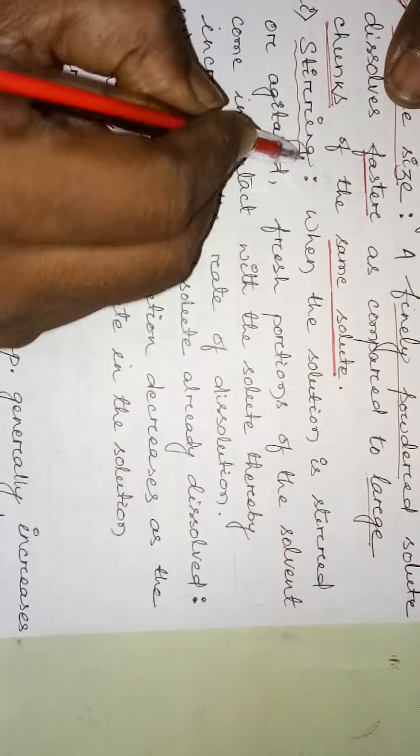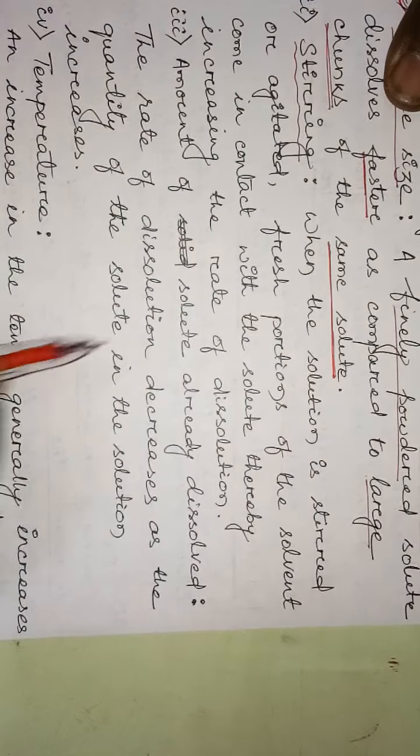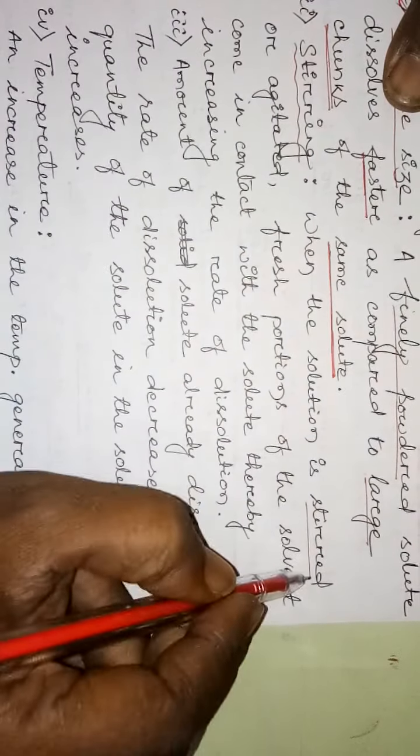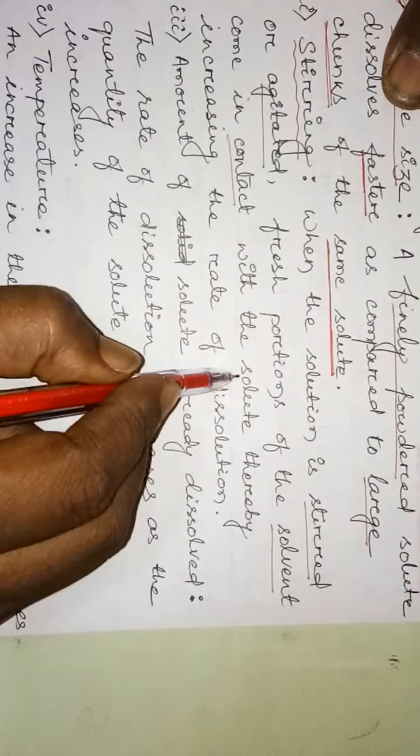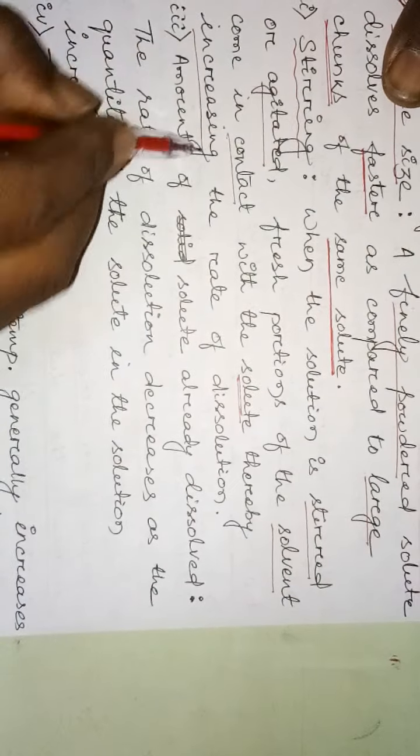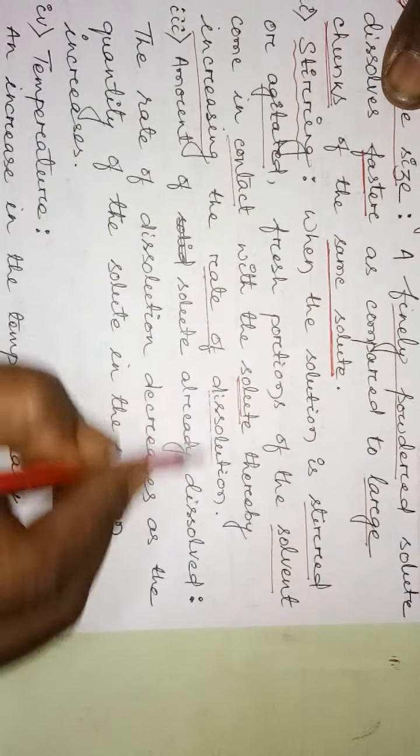When you are dissolving some solute in a solvent, you are stirring. So when the solution is stirred or agitated, fresh portions of the solvent come in contact with the solute, thereby increasing the rate of dissolution. Understood?